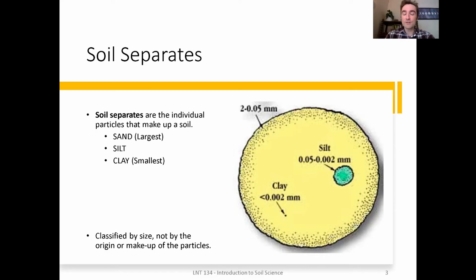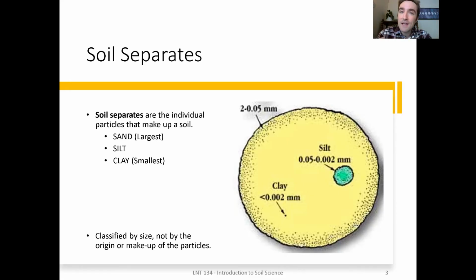And there's an illustration here for comparison that shows you the sand goes from anything from 2 millimeters to 0.05 millimeters, which is very small. All of that is sand. Once you get below 0.05 millimeters, we are in the silt category. That goes all the way down to 0.002. And so it's so small that it's very difficult for you to even see one particle.